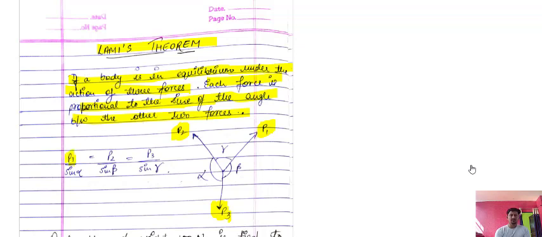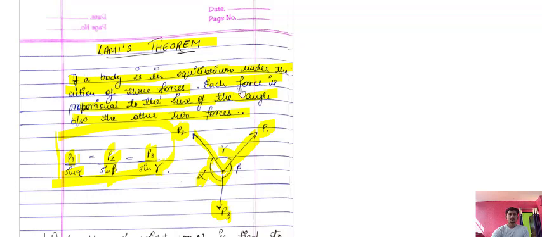So P1 will be proportional to the sine of the angle opposite to this force, that is alpha. Okay, so P1 divided by sine alpha. And when we talk about P2, the opposite angle is beta, so it will be proportional to sine beta. And for P3 the opposite is gamma, so it will be equal to P3 upon sine gamma. So these terms are equal. P1 upon sine alpha must be equal to P2 upon sine beta. So this is stated by Lamy's theorem.